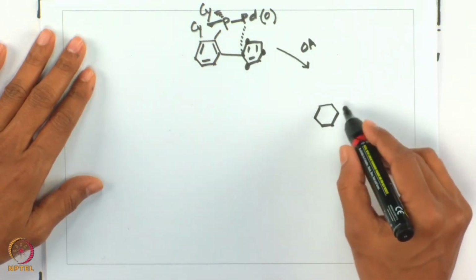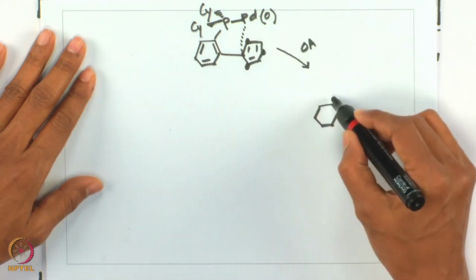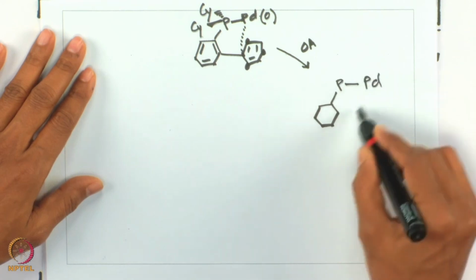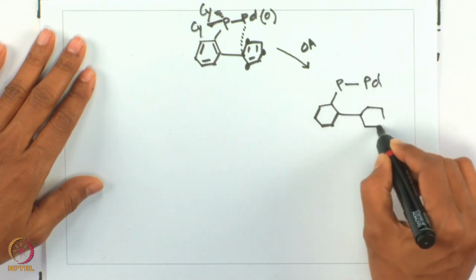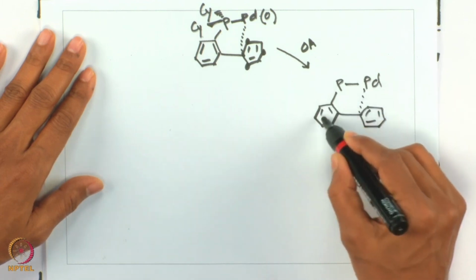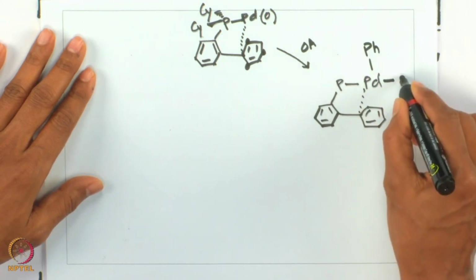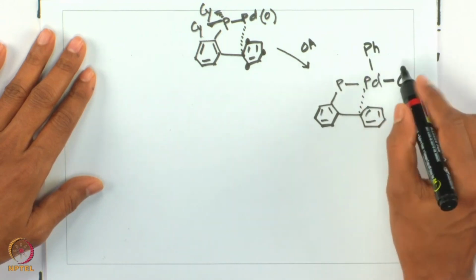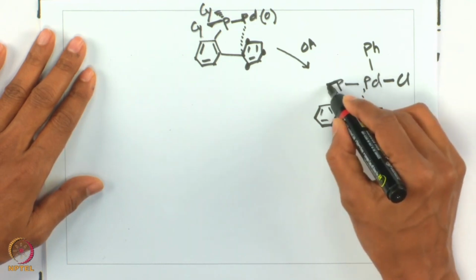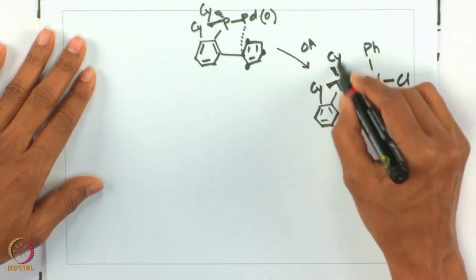Essentially, the next step would be the oxidative addition, where from this orientation we see the phosphine interacting with palladium, and from the bottom ring we also have the interaction with the palladium. That leaves the oxidative addition to be very facile without any problem. Of course, we can have substituents at this position as well, and we can have the cyclohexyl here and another cyclohexyl there.